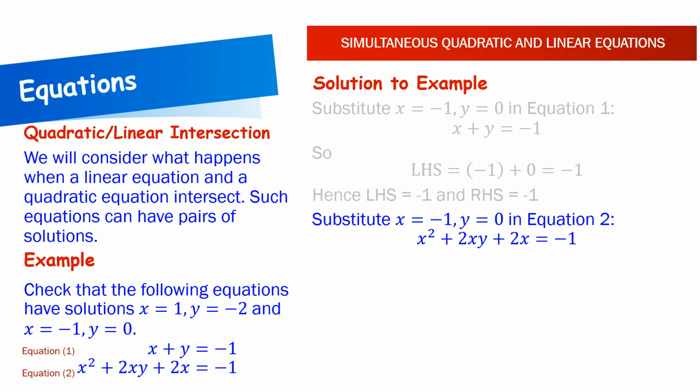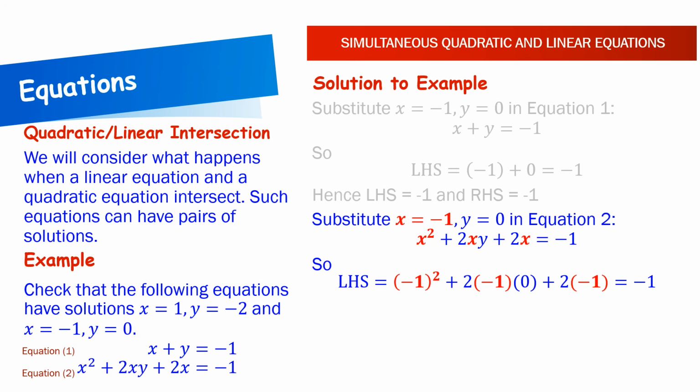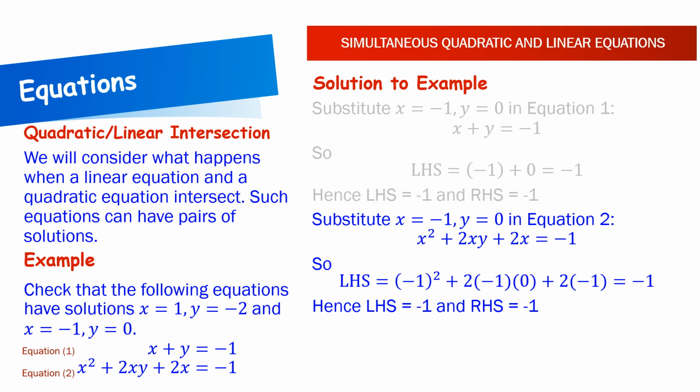Now for equation 2. Let's substitute x equals minus 1 and y equals 0 in equation 2. As shown. So the left-hand side equals minus 1, and the right-hand side, of course, is minus 1 too.